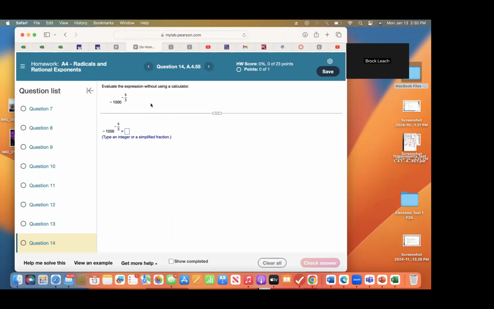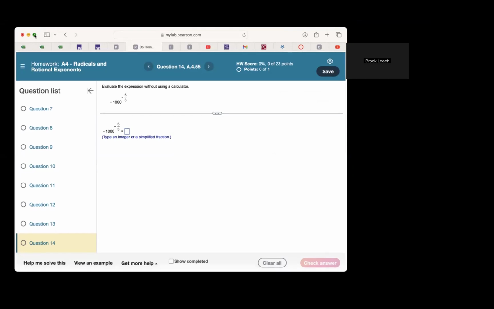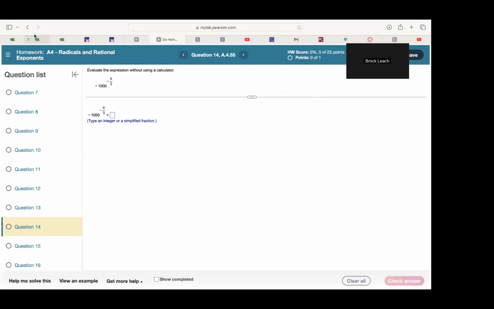So notice we have negative 1,000 to the negative 5/3. Notice there's no parenthesis around the negative 1,000.